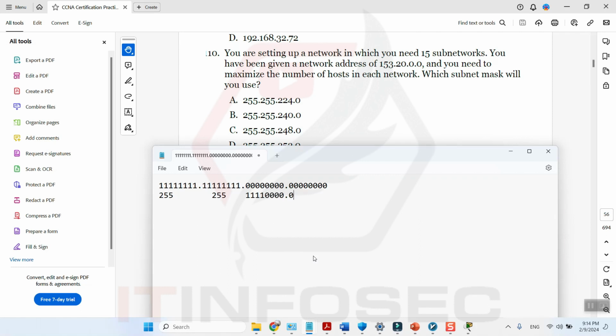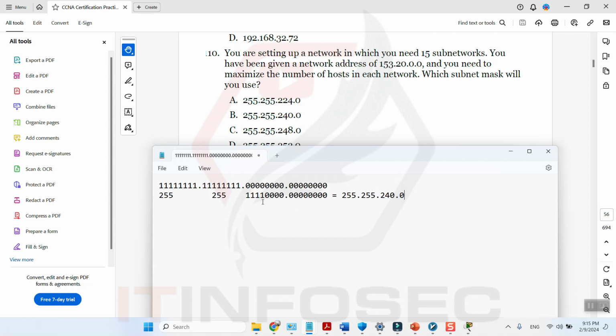The new subnet mask will be 255, then 128 plus 64 plus 32 plus 16 is 240.0.